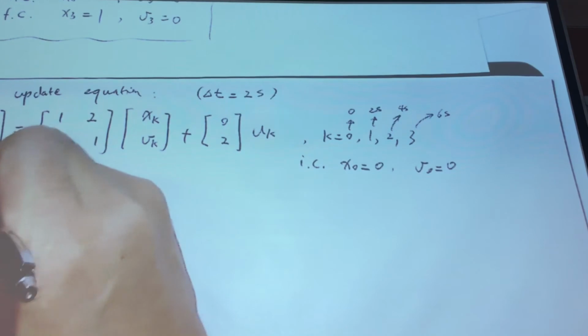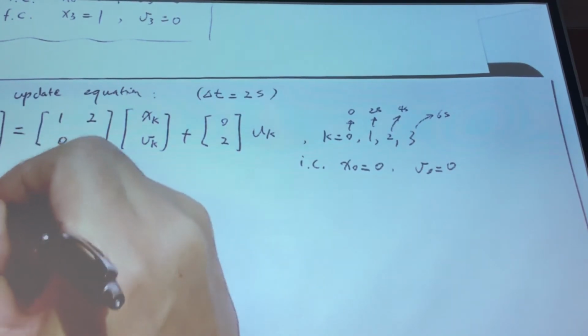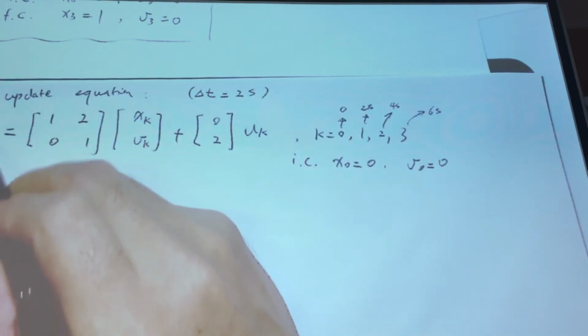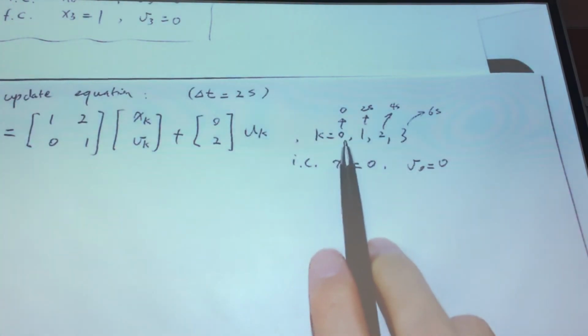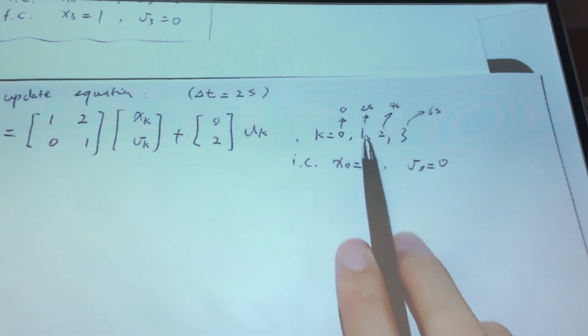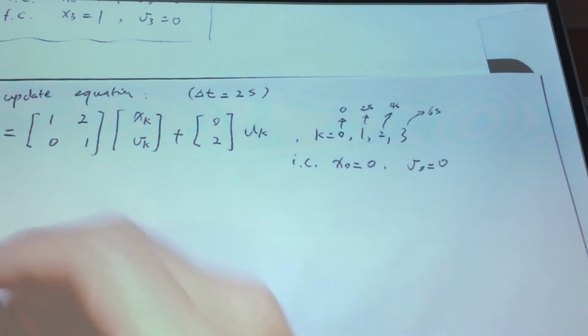So for k equal to 0, we can determine x1 and v1. From t equal to 0, we can determine the dynamics at t equal to 2 seconds.